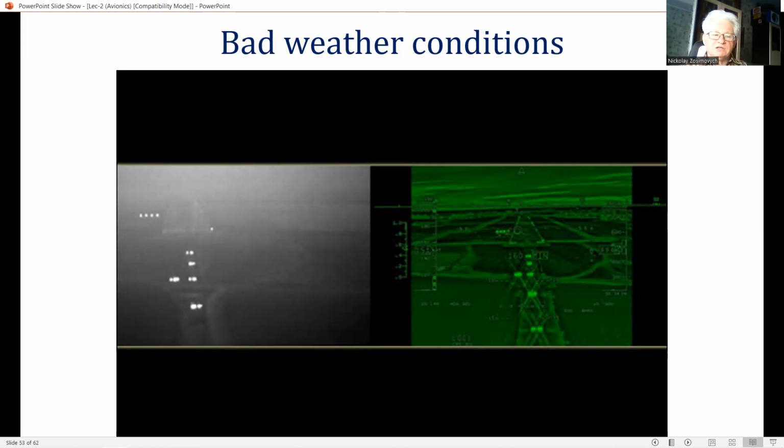Trials were carried out in the US by the FAA in 1992. The enhanced vision system used a millimetric wavelength radar operating at 35 GHz and 3 to 5 micron infrared imaging sensors.